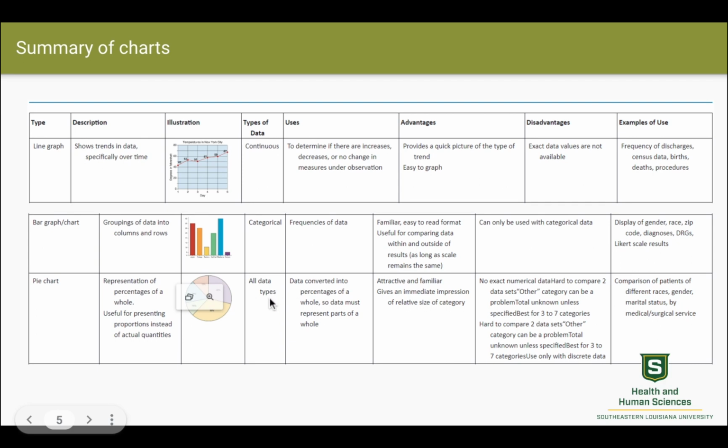Pie charts, all types of data. You can pause at this point and look through the uses, the advantages, the disadvantages, and some of the examples. But we're going to talk a little bit more on this. This is not where we're going to stop.